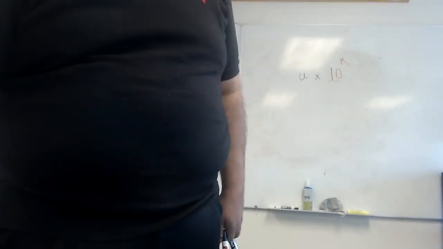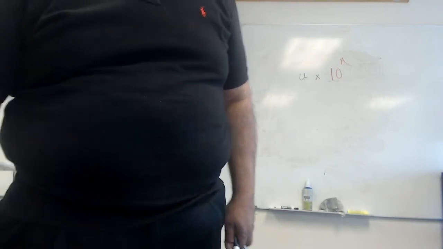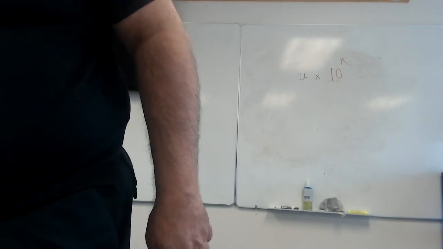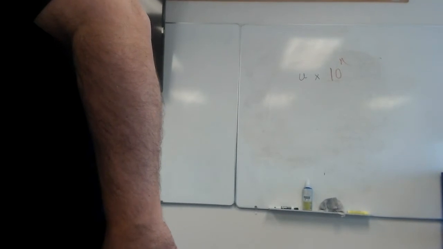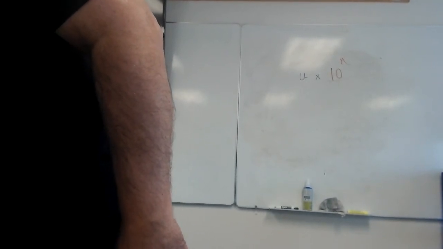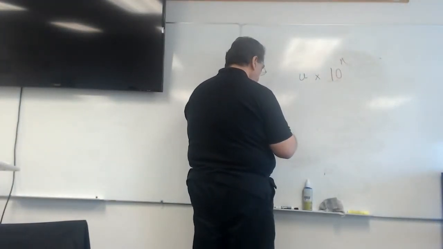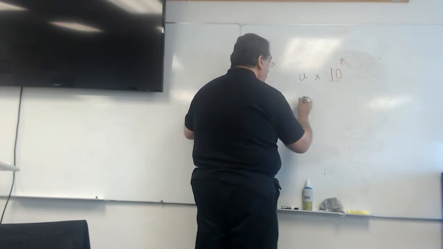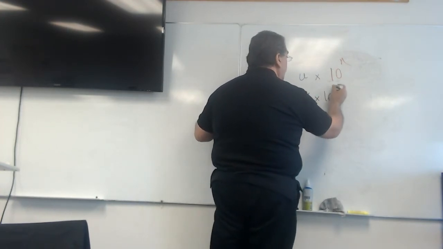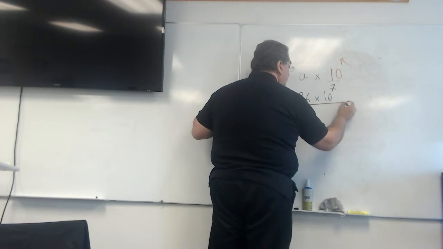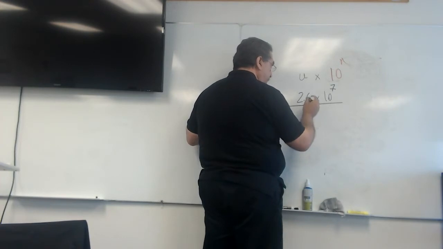If you want to change from scientific notation to decimal notation, let me give you an example. Let's go to page 285. For example, you have 2.6 times 10 to the power of 7. They have written this in scientific notation. I want to change that to decimal representation.